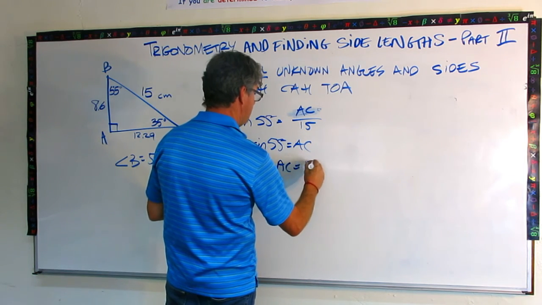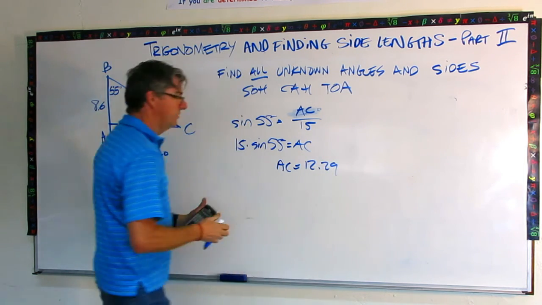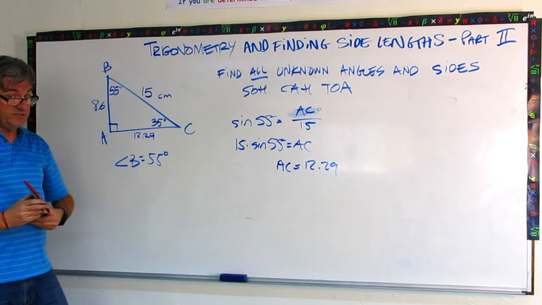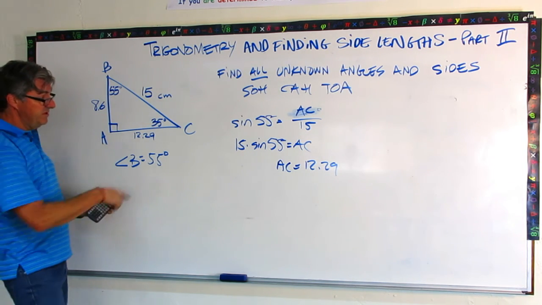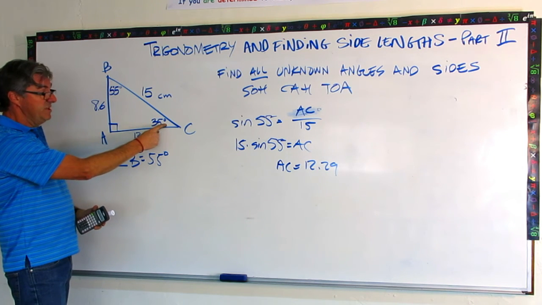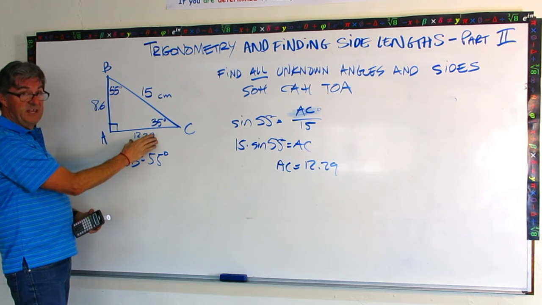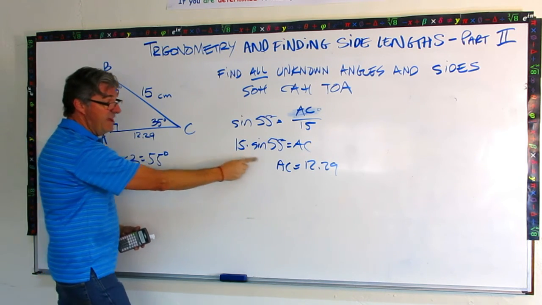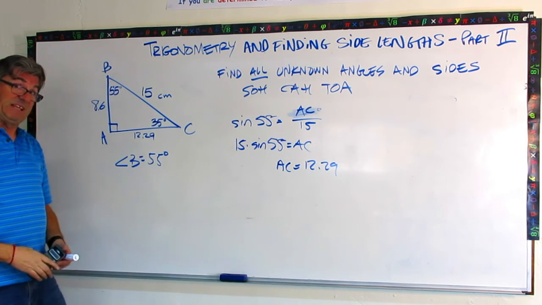AC equals 12.29. So I got the same result. I used a different equation. I used a different function. Remember, when we used 35, we used cosine to find this side. Now when I used 55, I use sine, but when we work the math, we get to the same place.